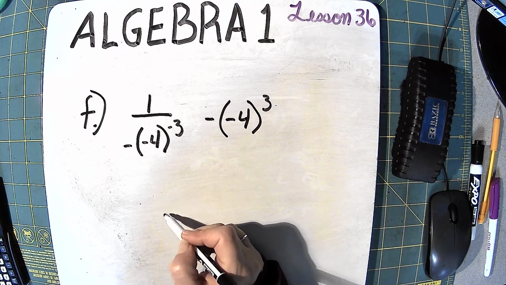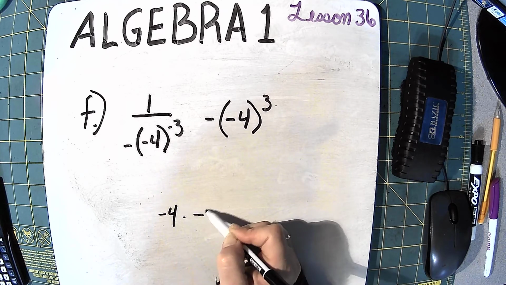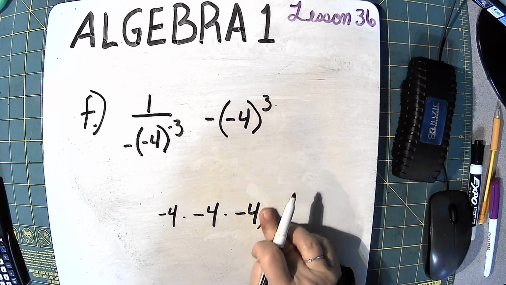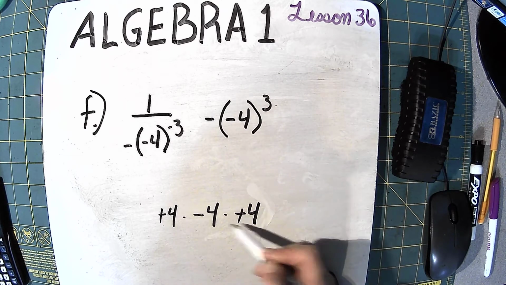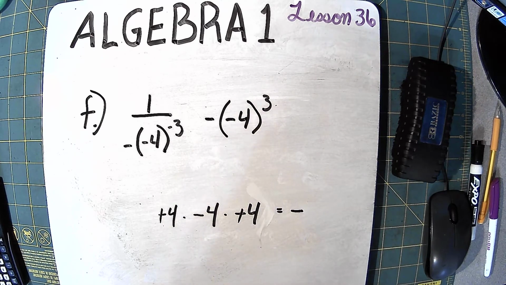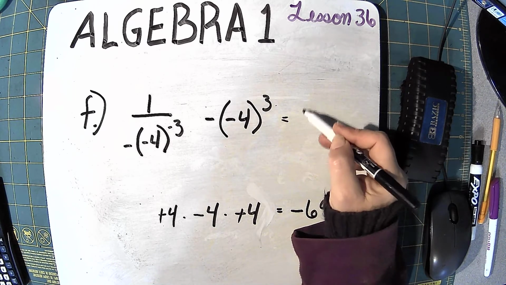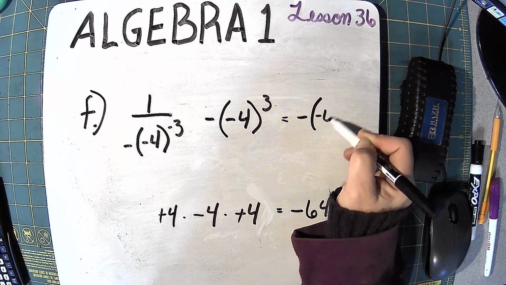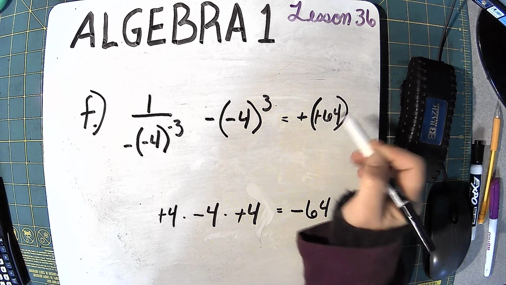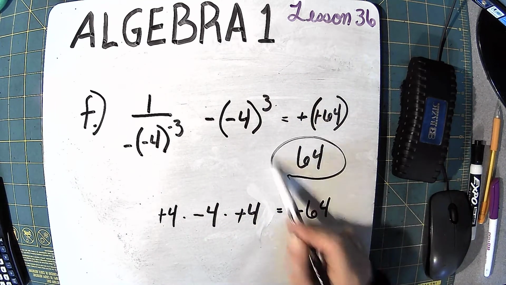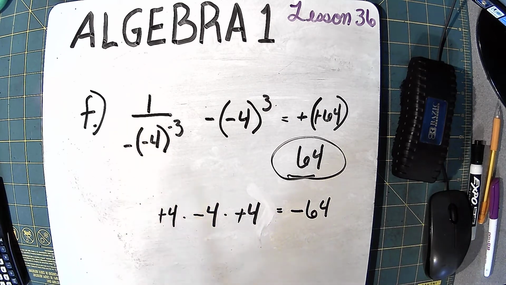That means negative 4 times negative 4 times negative 4, and we have one negative left. Negative 64. So that's going to be negative times negative 64. Those cancel, and we're just going to get positive 64 as the answer to that one. Positive 64 is the answer to F.